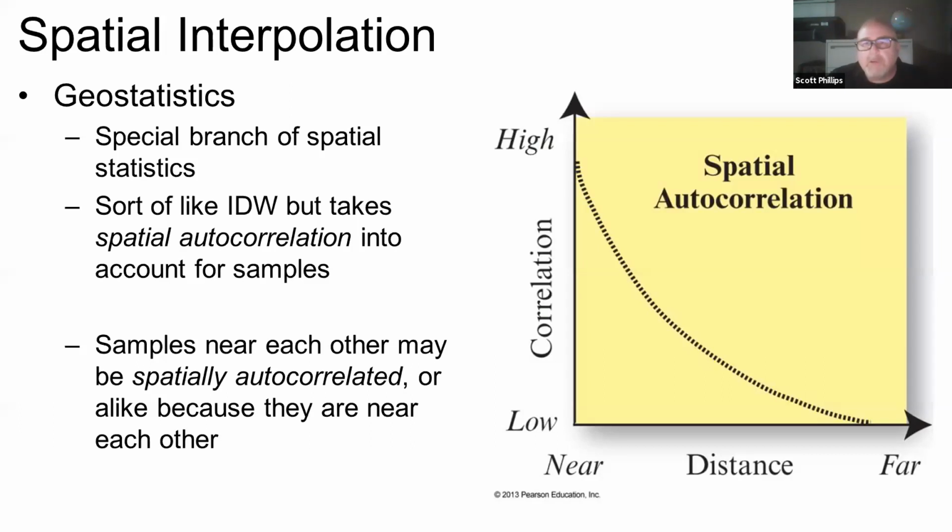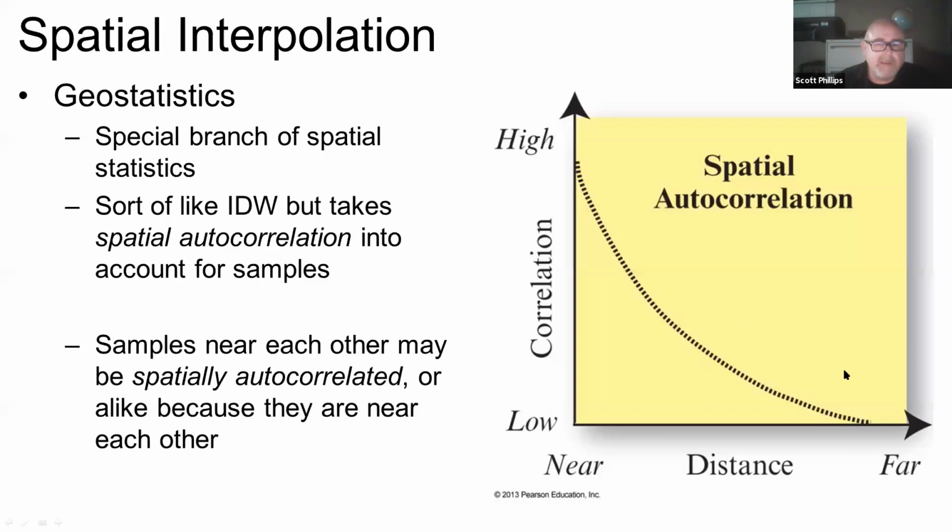Spatial autocorrelation means that, kind of like Tobler's first law, things that are close to each other tend to be more alike. If you're sampling incomes, and someone is sampling you and your neighbor and a neighbor after that, those aren't independent samples, because people who live in the same neighborhood tend to have the same level of income, generally speaking, because they are spatially autocorrelated.